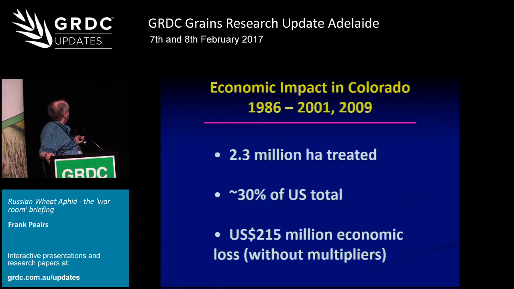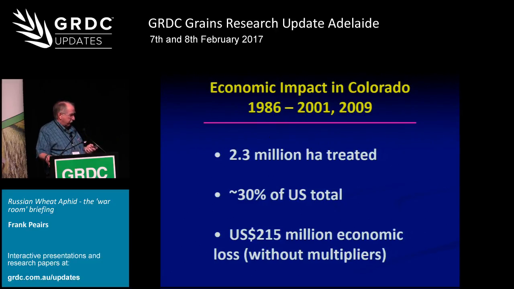And the impact of that was about $215 million, mostly over the first 15 years of the problem. And that amount is insecticide costs plus yield losses, but we didn't use any economic multipliers.